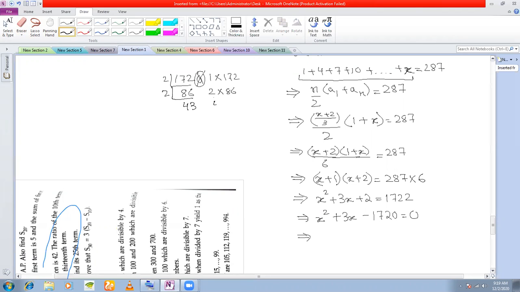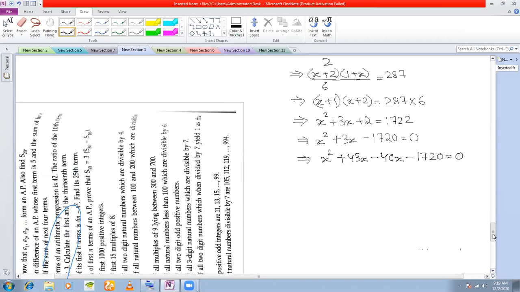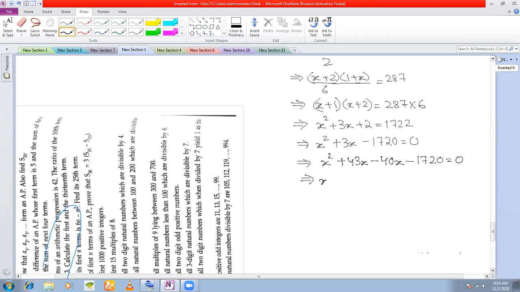This is 4 into 43. So I have a 0 here. If I place a 0 here, it becomes 40 into 43. Will 40 into 43 work? Yes, it will work. So plus 43 and minus 40. So plus 43x minus 40x minus 1720 is equal to 0. Therefore, you can take x common.